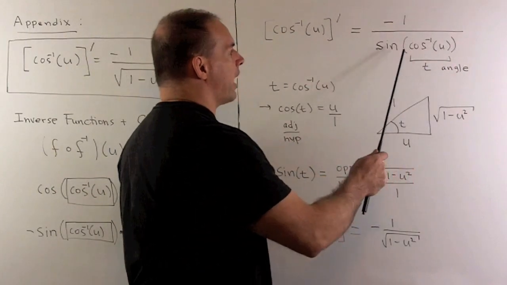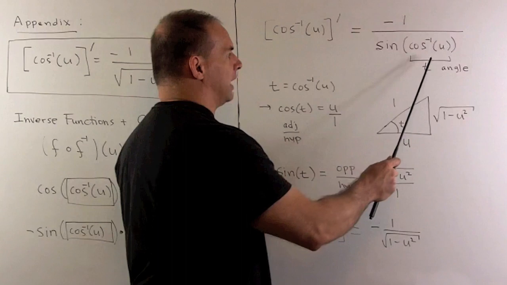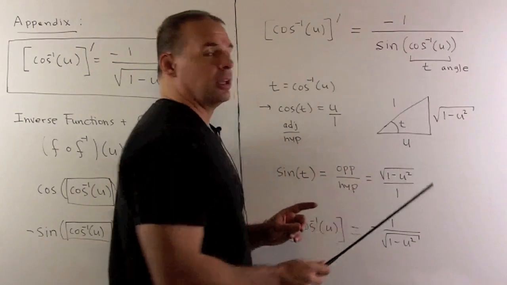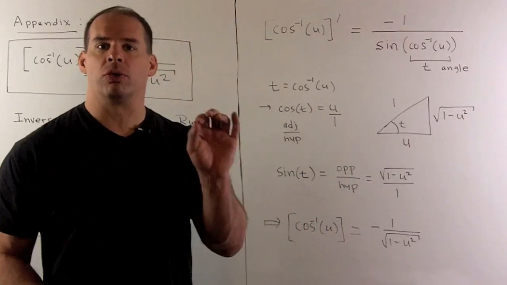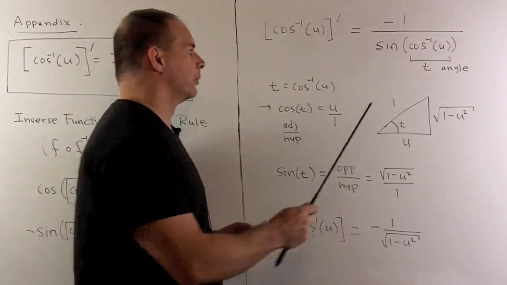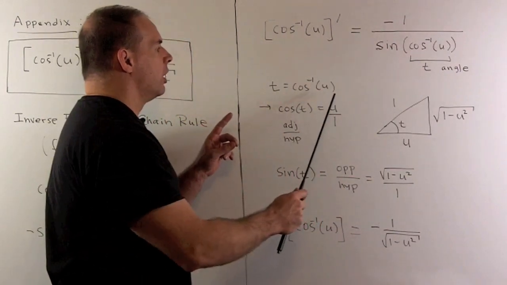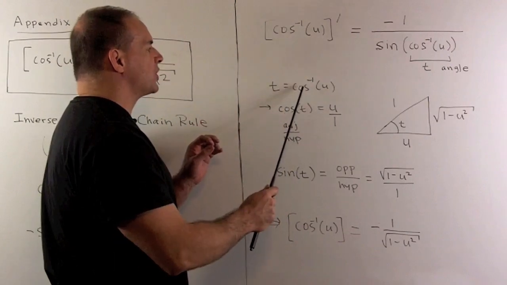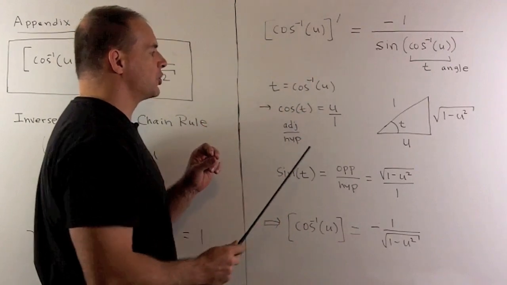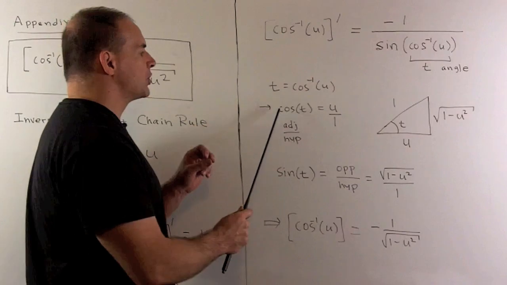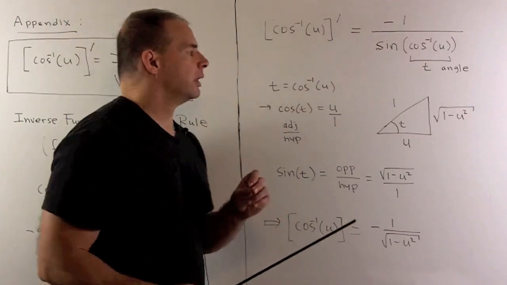So I'm going to have to give inverse cosine of u a name. I'm going to call it t. And just recall the inverse cosine is returning an angle. Now, how do I unravel this? Well, I can apply cosine to both sides, and then cosine and cosine inverse cancel out. So I have the cosine of t is equal to u.